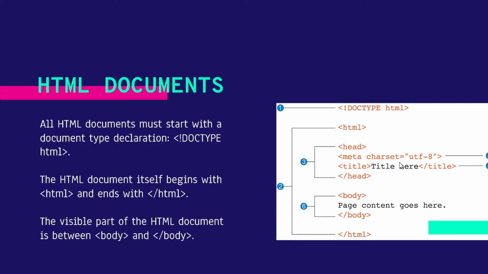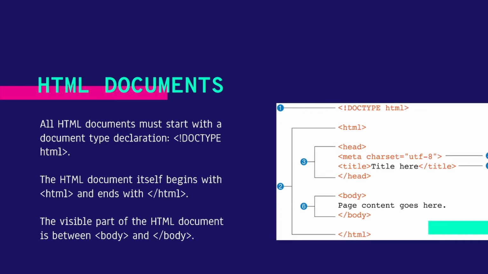The head element contains the background processing links, or if you want to show the title at the tab, or if you want to add some external CDN links, then you will add that inside here. We'll be doing that in future videos, so don't worry about that.